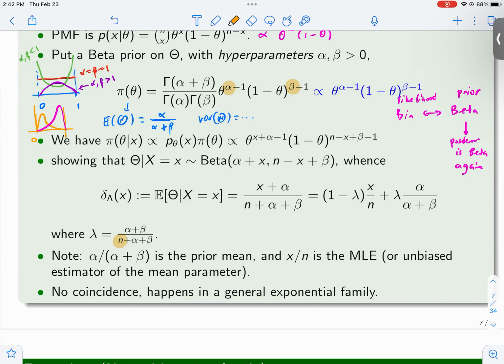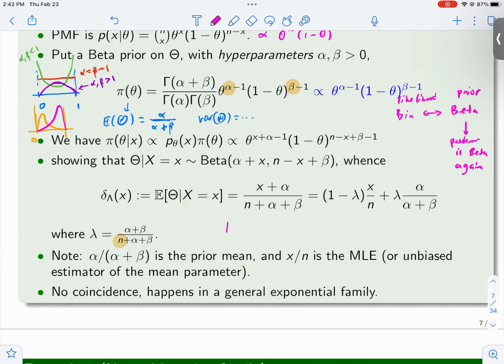Is it unbiased for theta? No. Why? You're always going to have some alpha over alpha plus beta in your estimate.